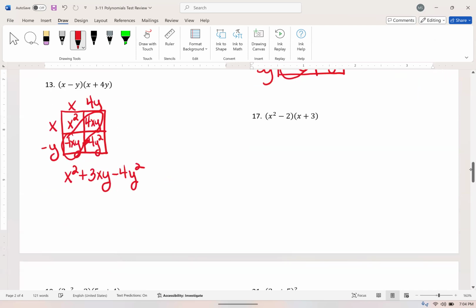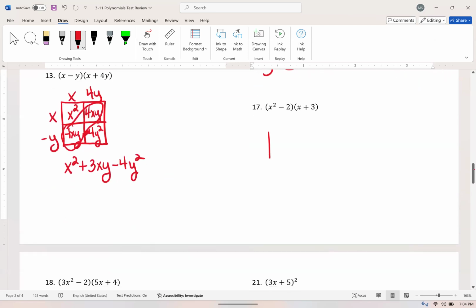All right, this one's a little bit weird because we have a square in one of the parentheses. Okay, so we have x squared minus 2 and x plus 3. So this is like an x to the first. X to the second times x to the first is x to the third. X squared times 3 is 3x squared.